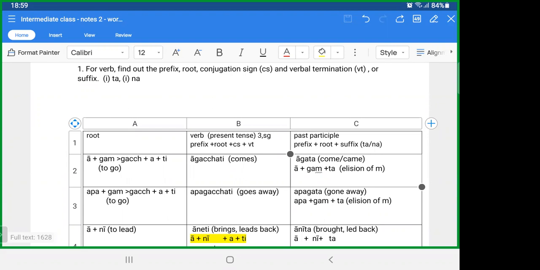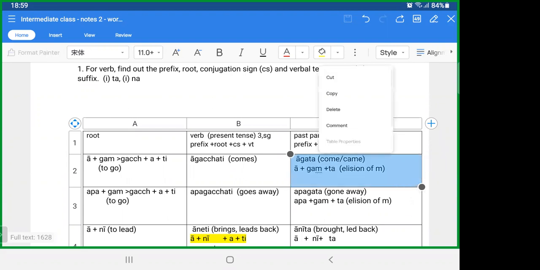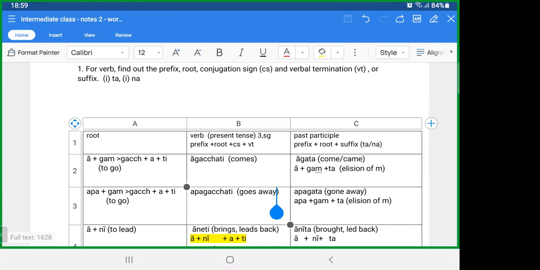Number 3 on your screen, it should be 'to go away', right? To go. No need. I'm writing for the root only. 'To go' is for the root. For the root, you put bracket and put 'to go'. This is for the root only.